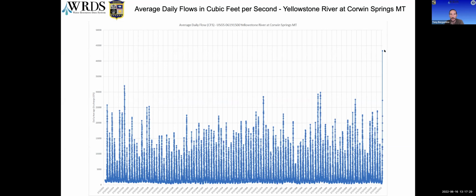You see the 96, 97 one showing up there, as well as the 2011 event, which 2011 was actually record snowpack for most of the stations up there. But this exceeds even the ones back in the teens, where we had a very substantial flooding event through there at the time. Again, this is the average daily flow in CFS, or cubic feet per second.